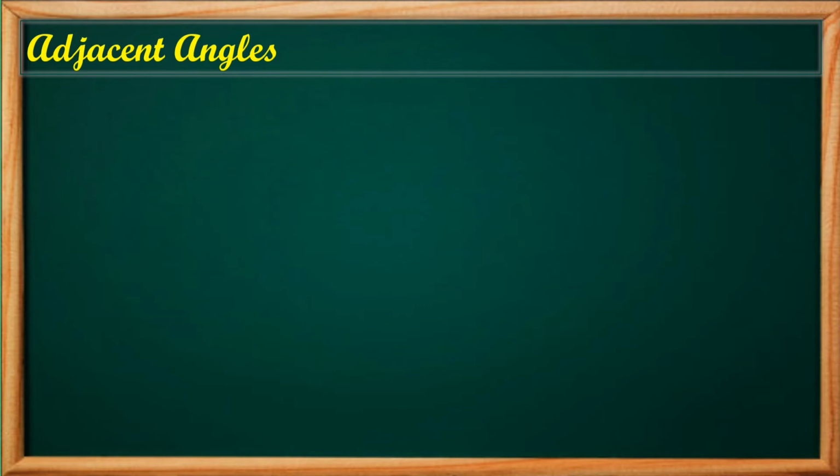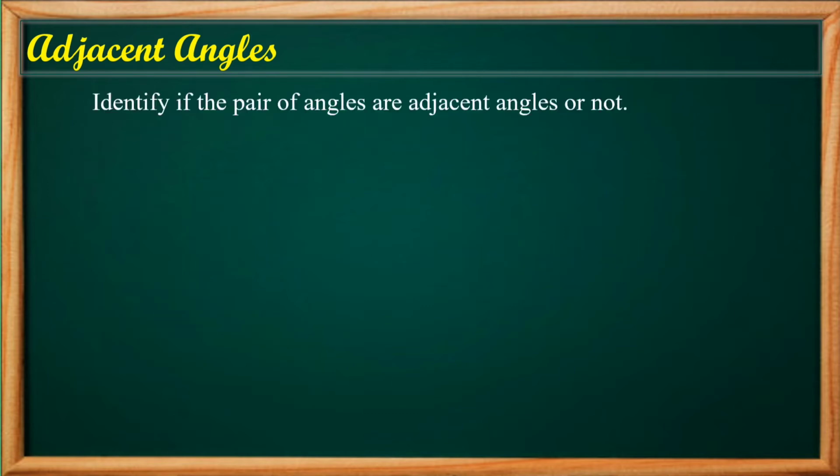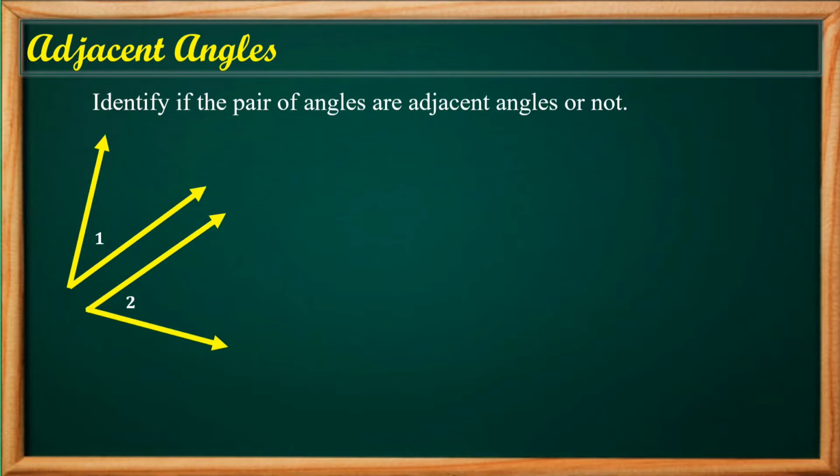Okay. Now, in adjacent angles, example, identify if the pair of angles are adjacent angles or not. The first figure, we have here angle 1 and angle 2. The first condition is they have a common vertex. This would be the vertex of angle 1.